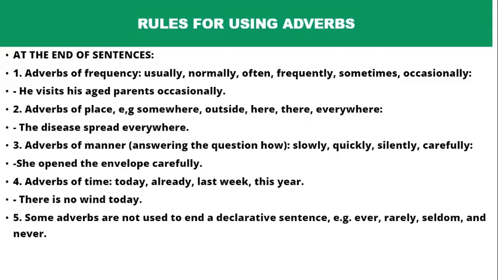You need to take note of such adverbs, adverbs like ever, rarely, seldom, and never. Okay, so in a declarative sentence, you don't use these types of adverbs at the end of the sentence.